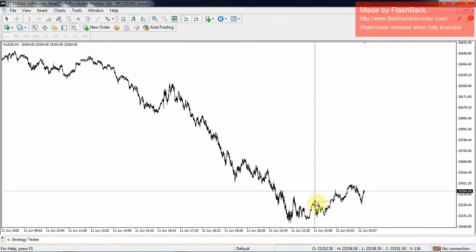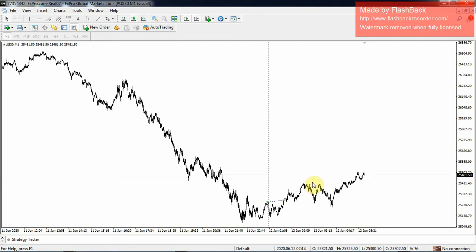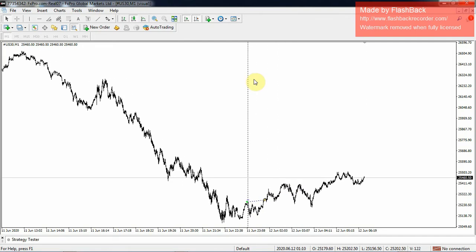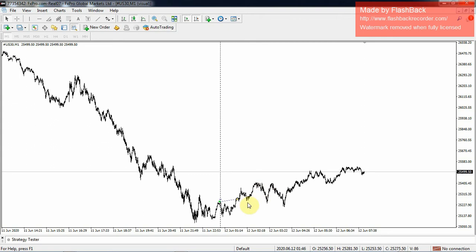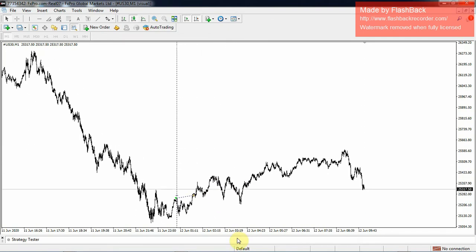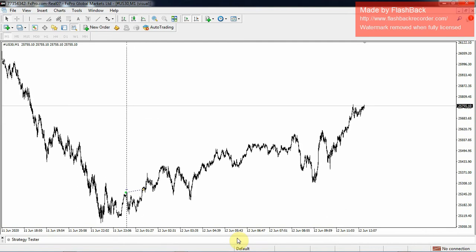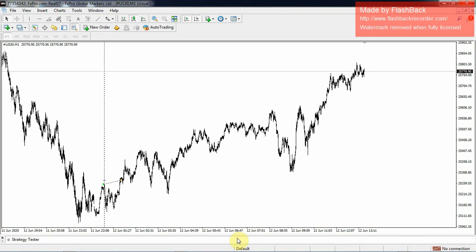So that's a third trade there. As I said, we'll be hunting take profits the way market makers hunt retail traders' stop losses. So this robot has got an affinity for take profits.